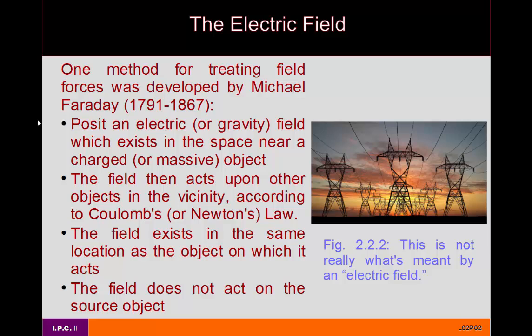And the field has to exist in the same location as whatever object it is acting upon. So if I have an electric field that is acting upon a proton, it's got to be generated by something other than that proton, and it's got to exist in the same location in space as that proton exists.